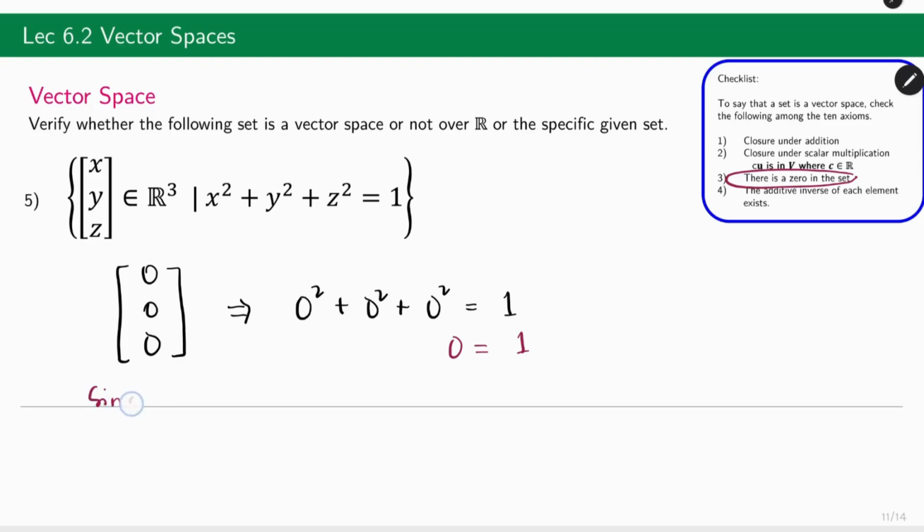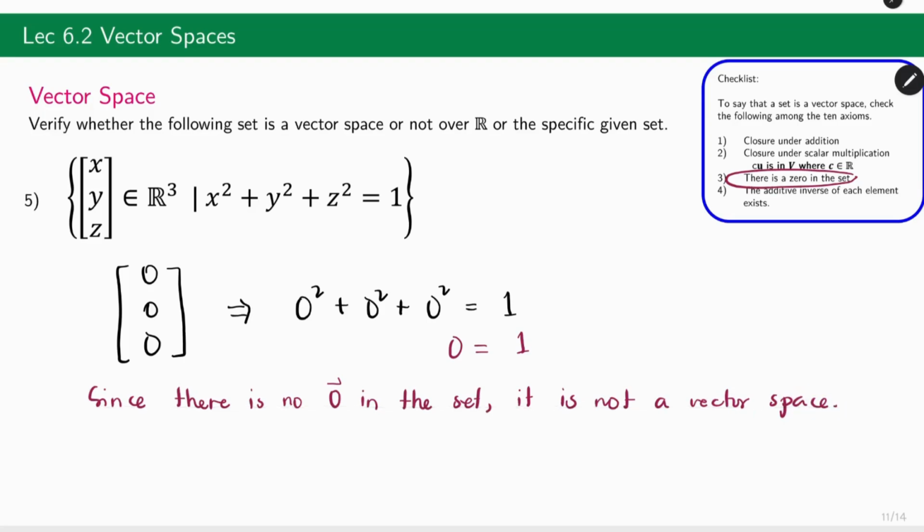Since there is no zero vector in the set, it is not a vector space.